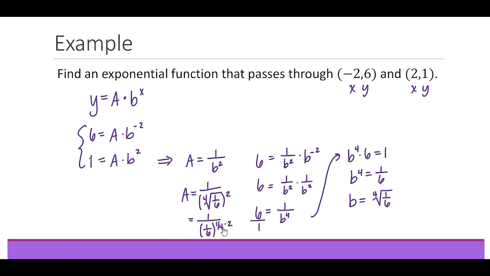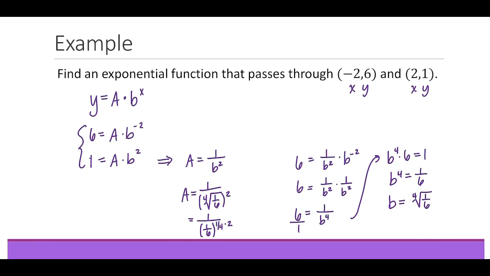So what I end up with, I'm going to scoot this over a little bit to make space, is 1 over 1/6 to the 1/2. So I have 1 over the square root of 1/6.